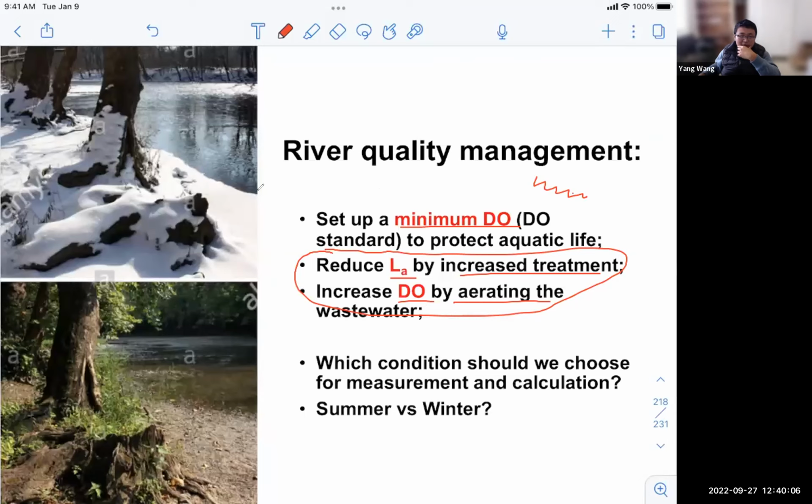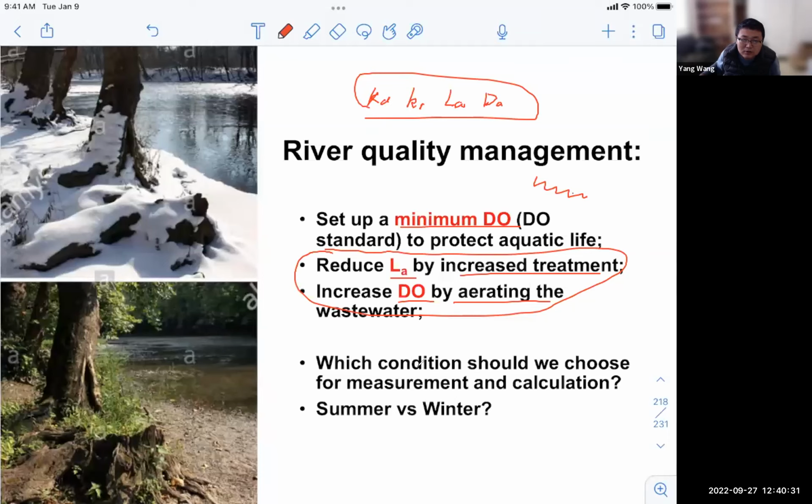And also when we evaluate the river water quality, if you recall the equation, there are factors of KD, KR, and then there's LA or the DA. So these factors are also dependent on which environment we are evaluating them in.